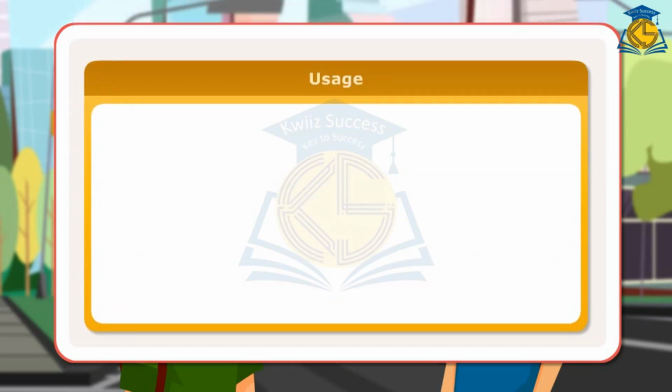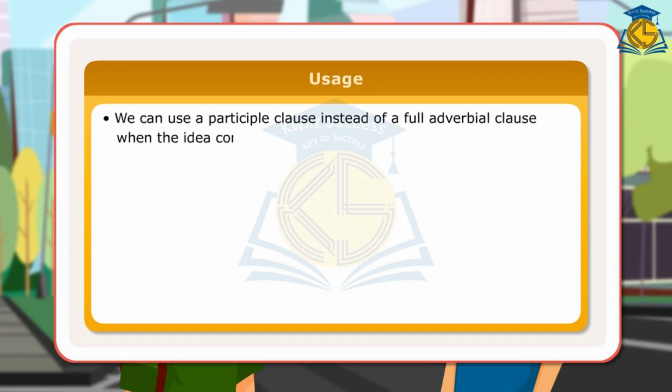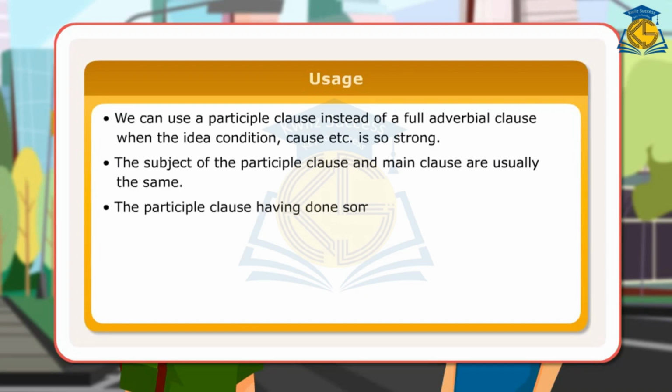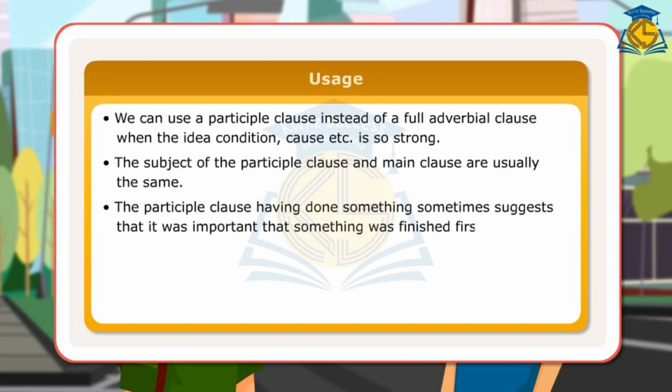Usage. We can use a participle clause instead of a full adverbial clause when the idea, condition, cause, etc. is so strong. The subject of the participle clause and main clause are usually the same. The participle clause, having done something, sometimes suggests that it was important that something was finished first, but it can also sometimes suggest cause.